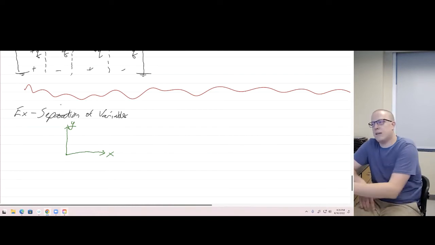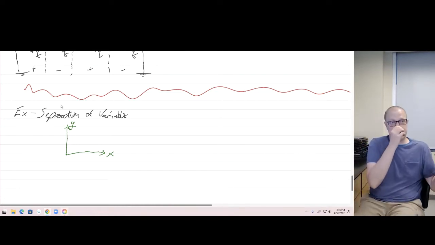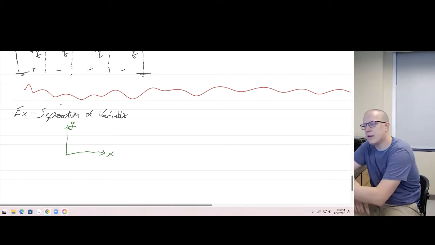And just like last time, we're going to have a bunch of metal planes that will all be connected together. So we're going to have a plane that looks like this, but it continues off in this direction here.